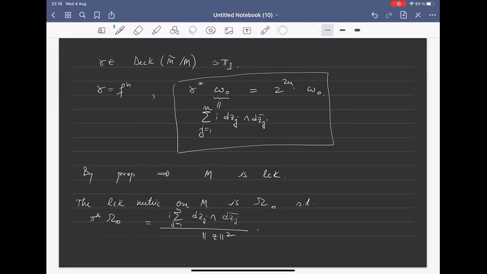So this is the pullback of the LCK metric. One can easily see that this form defined on Cn minus 0 is pi 1 invariant. So it's invariant to the action of F.